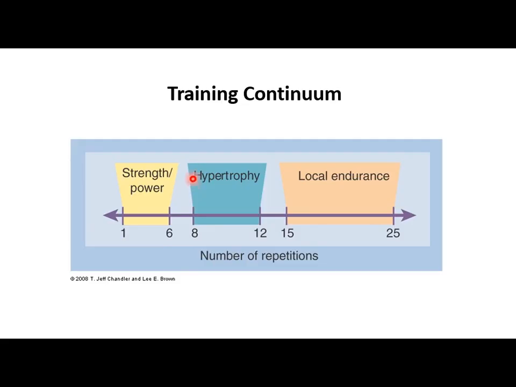If your exercise goal is to increase strength and power, then you'd prescribe loads that correspond to about 1 to 6. So you'd prescribe 6 RM loads or less, which means very high weight.